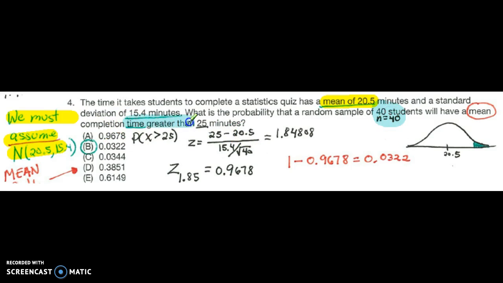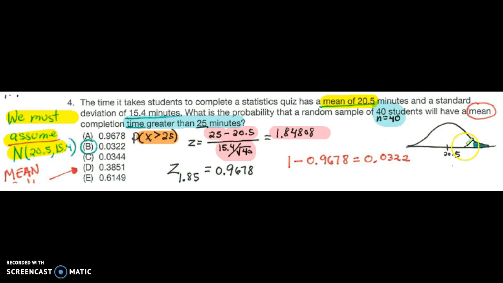I want to know the probability of greater than 25 minutes, so I'm looking for the probability of x is greater than 25. I'm going to do my observation minus my mean, divided by my standard deviation over the square root of the number, which is 40. So I get 1.85.